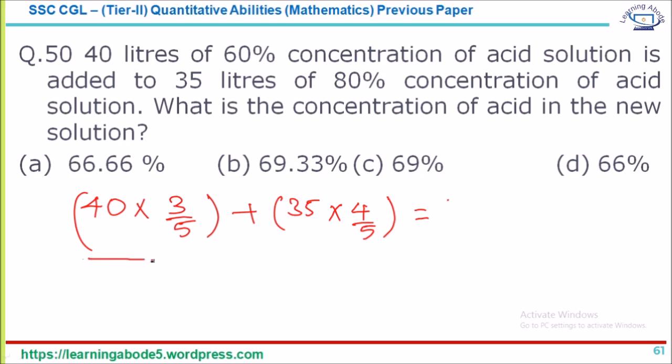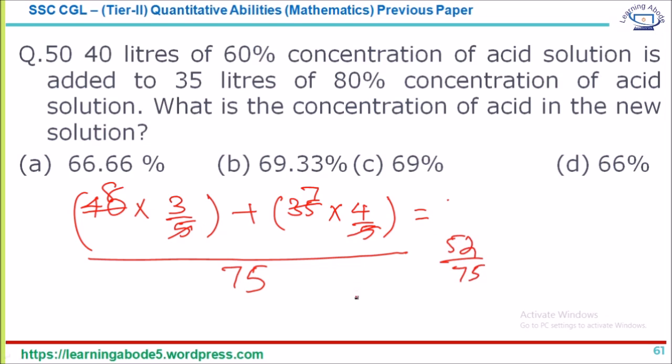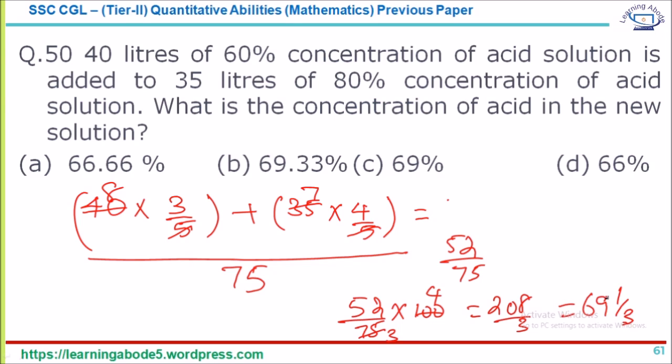Now this whole thing is totally 75 liters, right? So this is like 8, 24, this is 28, so that's 52 by 75. Now in terms of proportion, 52 by 75 into 100, so this is 4 and this is 3, so this is 208 by 3, that's equal to 69 1 by 3. That's option B. That's the answer for question number 50.